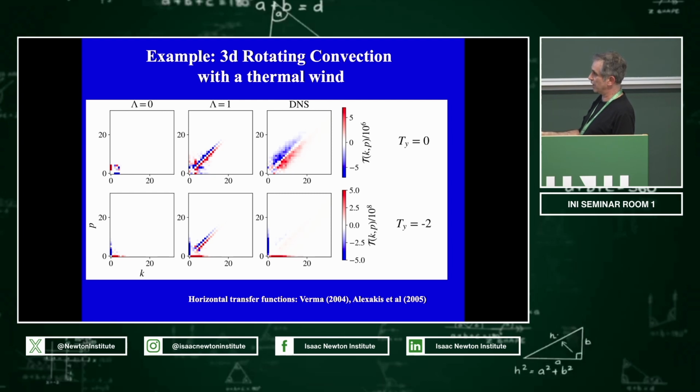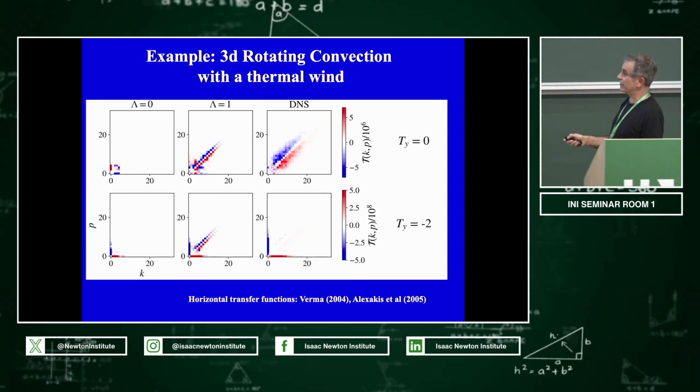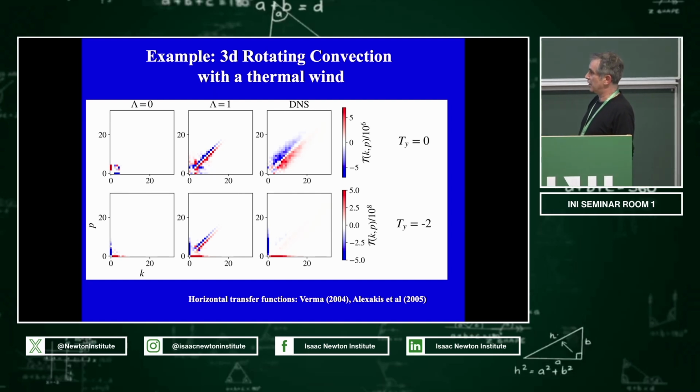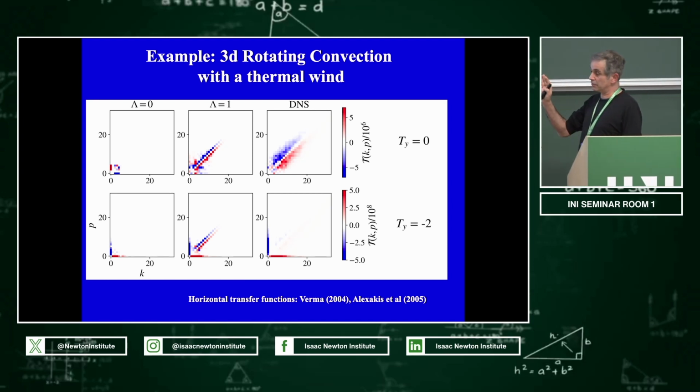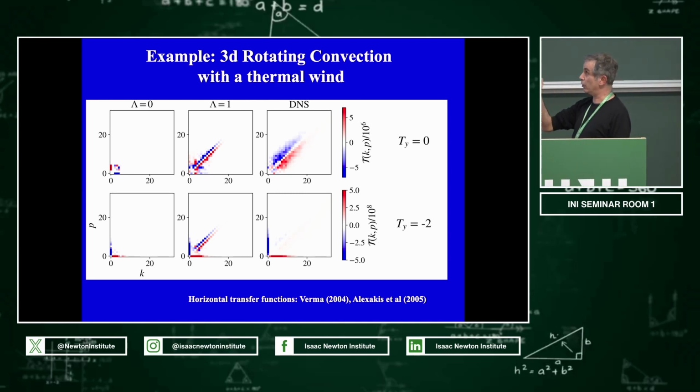You can see the strongest red and strongest blue are in these mean flows, and the cascade is subdominant. So this is fairly easy to capture, and even the quasilinear approximation gets most of the energy transfer correct.